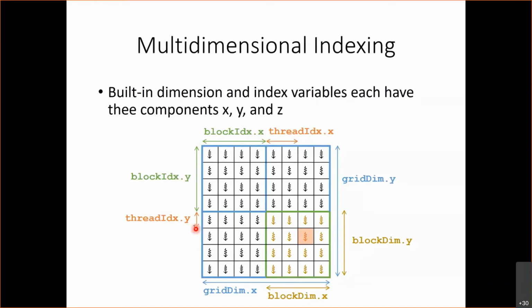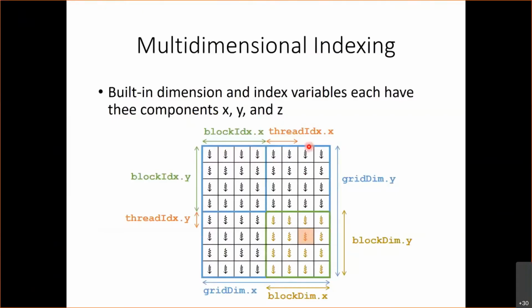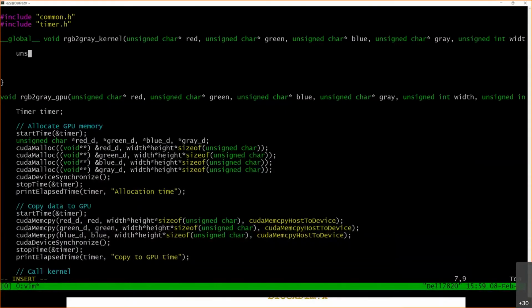When we come to implement our kernel that's going to do the RGB to gray conversion, the first thing we want to do is have each thread identify which row and which column in the image it's responsible for. So we're going to write unsigned int row is equal to blockIdx.x times blockDim.x.